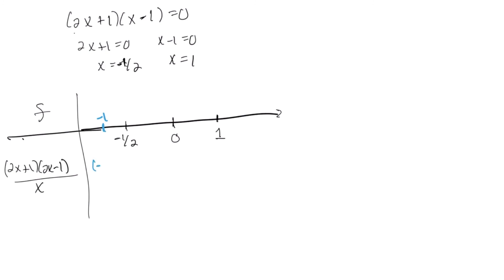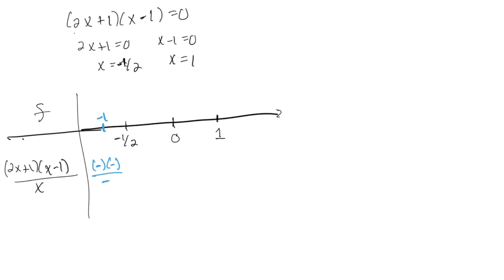So I'm going to have negative 1. I plug negative 1 into that second factor, and I scribbled that down wrong. Let me fix that. That is x minus 1 as the factor of the numerator. So if I plug negative 1 into there, I get negative 1 minus 1, which is negative 2. And then negative 1 in the denominator would be negative.